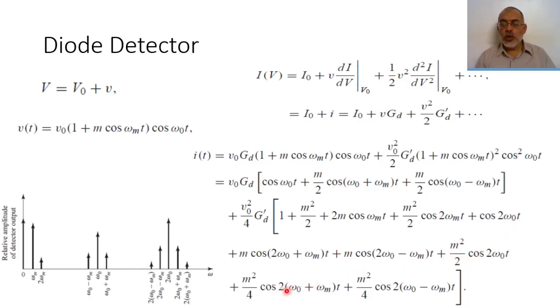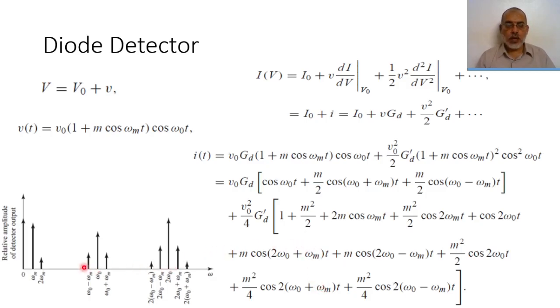And also we have components at twice the summation of the carrier frequency and the modulation frequency, and twice the carrier frequency minus the modulation frequency. So we have a rich set of components in this bracket.